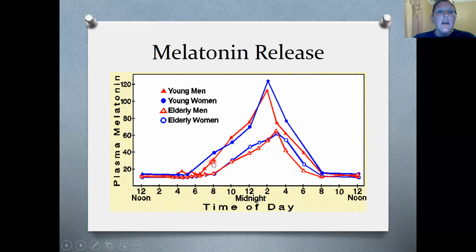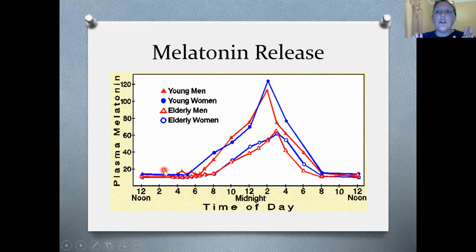So here, the red triangles represent young men, so this would be a typical pattern for a young man. A typical pattern for a young woman would be a blue circle. So blue circle here is young women.